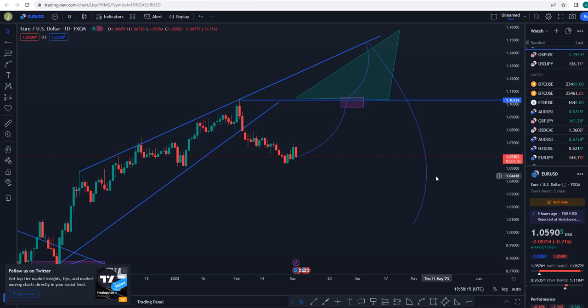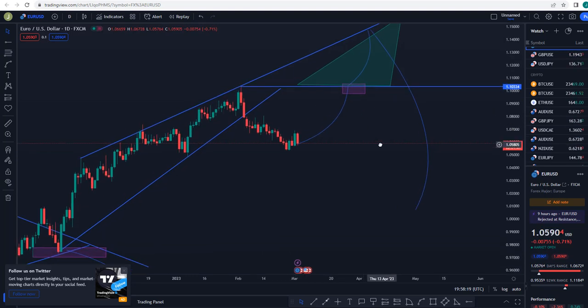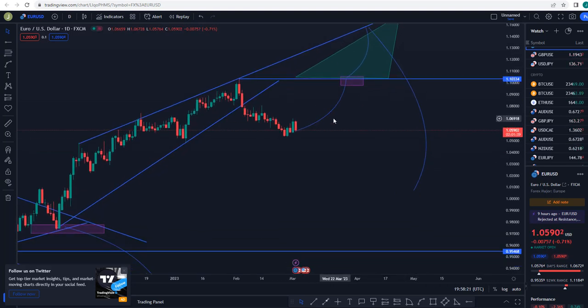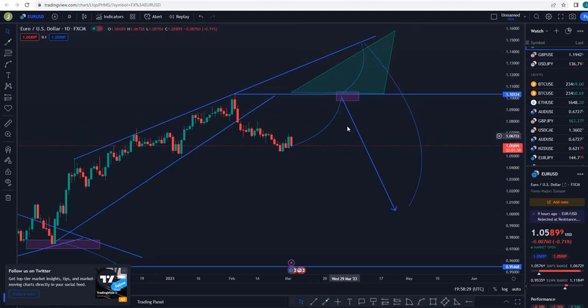Now we are expecting the price to go back to this point here. Then two things could happen: there will be a rejection to the downside, or price will keep going up to touch this place, maybe before the end of this month.